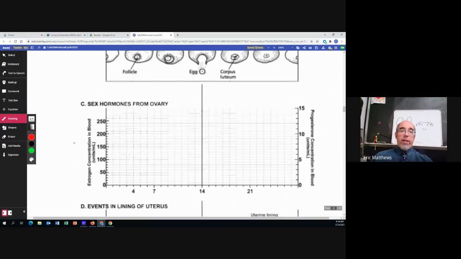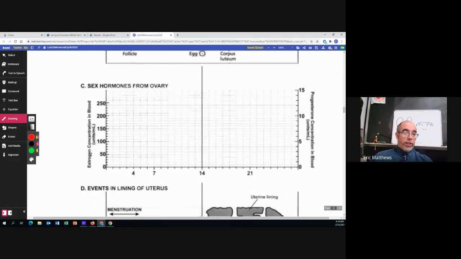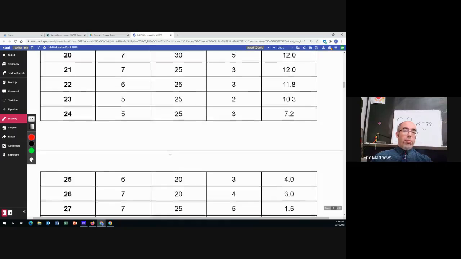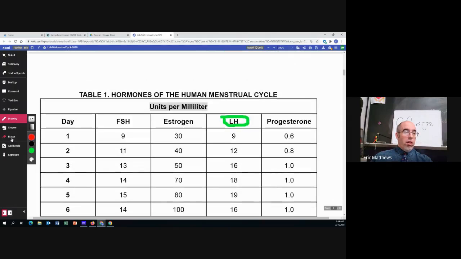Then we're going to come down here. Now this one is going to be estrogen and progesterone. Set up the exact same way, working the exact same way. So for estrogen, we come back up to our data. And here is estrogen.